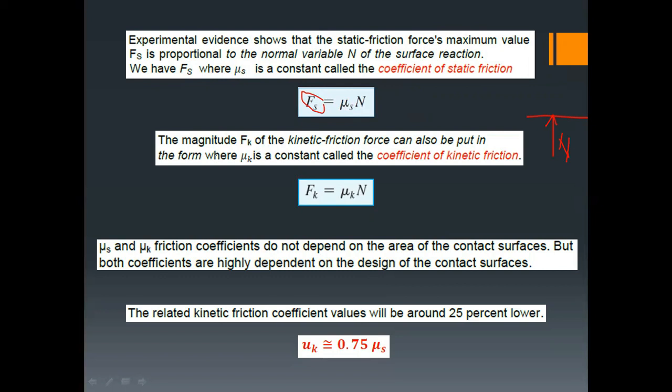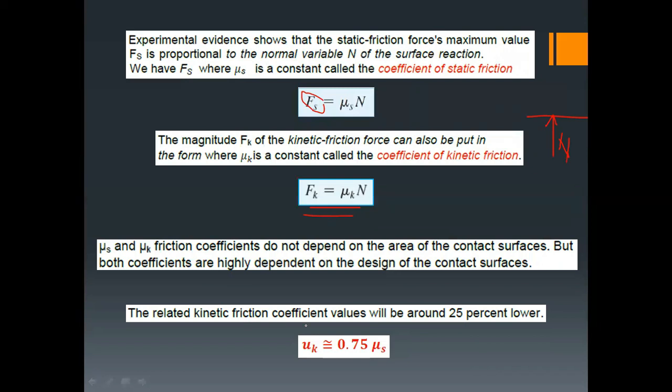The magnitude Fk of the kinetic friction force can also be put in the form Fk equals mu k times N, where mu k is the coefficient of kinetic friction. You just multiply it by N to get our kinetic force, where there is movement. Our coefficient of static friction and our coefficient of kinetic friction do not depend on the area of the contact surfaces, but both coefficients are highly dependent on the nature of the contact surfaces.